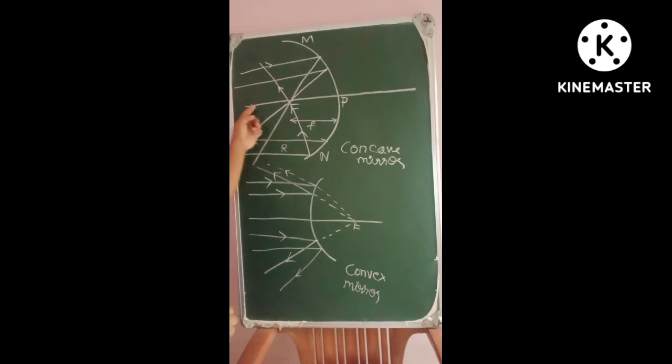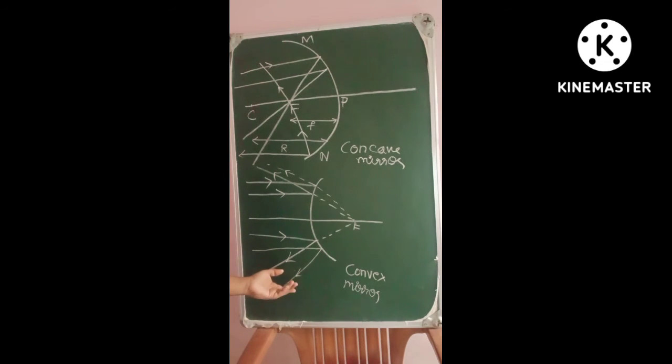This is an imaginary line called the principal axis, an imaginary line which passes through the pole of the mirror and the center of curvature. It is called the principal axis in case of concave mirror and also in case of convex mirror.